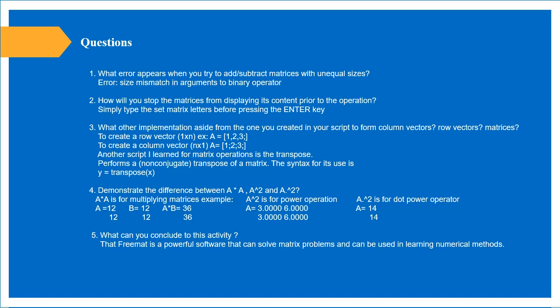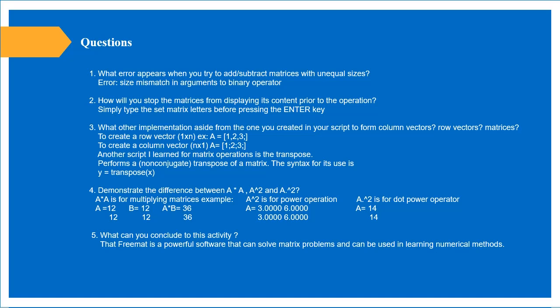Question 3. What other implementation aside from the one you created in your script to form a column vector, row vector, and matrices? To create a row vector, this is a 1 by n matrix. You just put a comma or a space on each of the elements that you enter, and you end it with a semicolon.